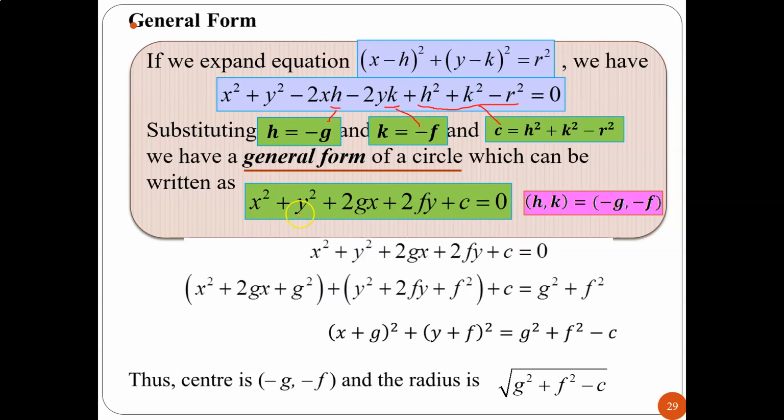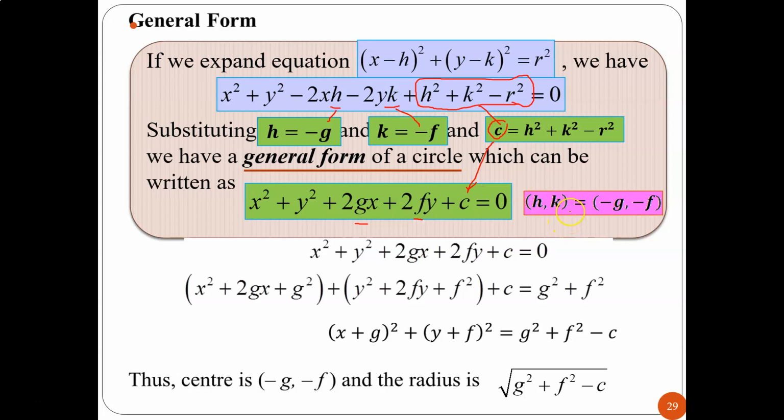So x square plus y square. This one is no longer minus because we have negative g over here, so it's become plus 2g x. See over here we don't have h already. This is from here. It's become g already. And also this one you don't have k already, you have y. Sorry, you have f. And this whole thing over here, it become your c over here.